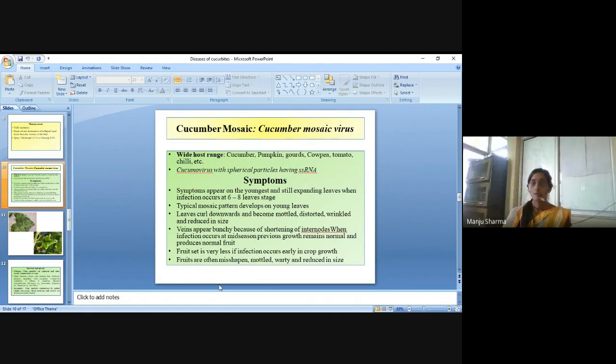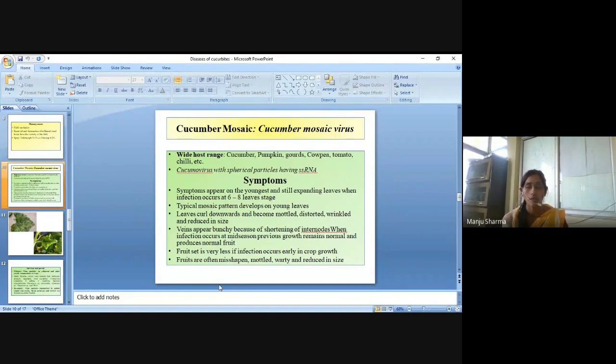The symptoms appear on the youngest and still expanding leaves when infection occurs at the 6 to 8 leaf stage.